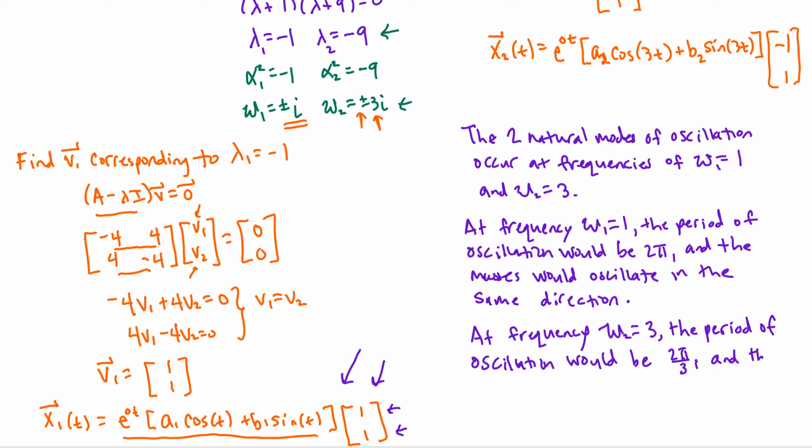And the masses would oscillate in, notice the opposite signs of the terms of our eigenvector, they would oscillate in opposite directions.